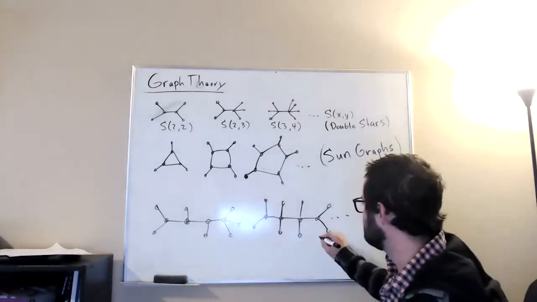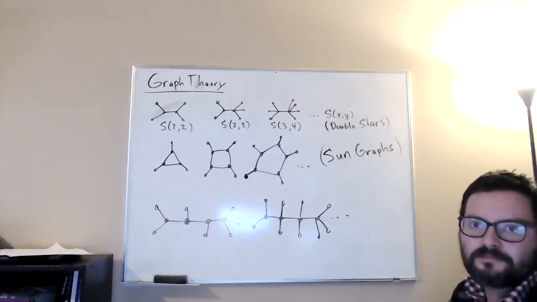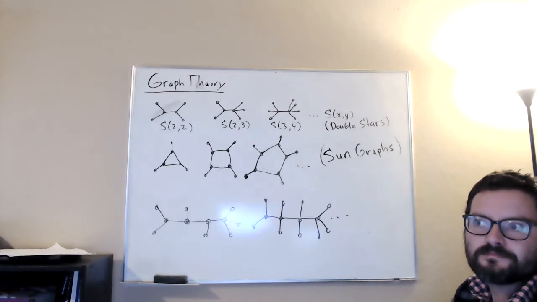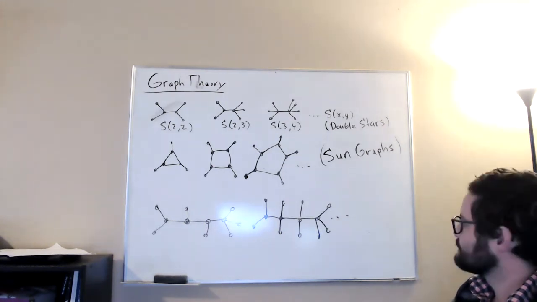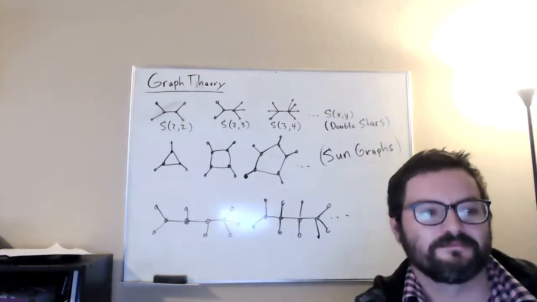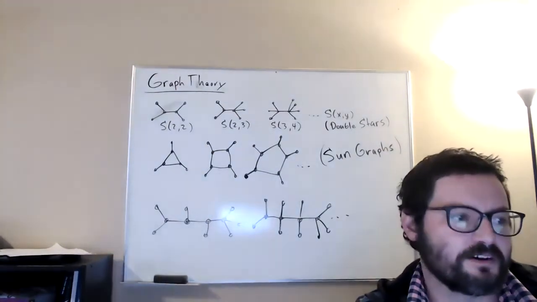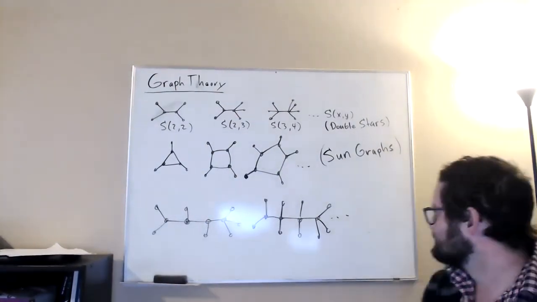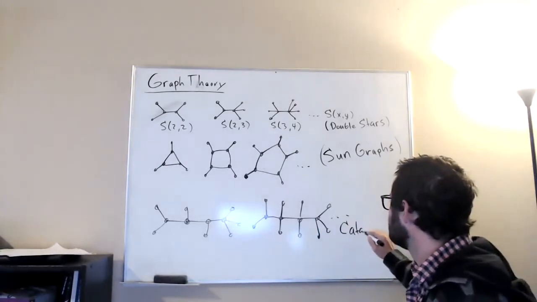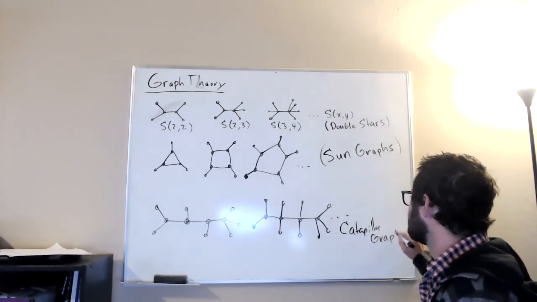And you can put multiple leaves on a given vertex. What do you think those are called? Take a wild guess. Caterpillar. They are. Those are caterpillars. These are caterpillar graphs.